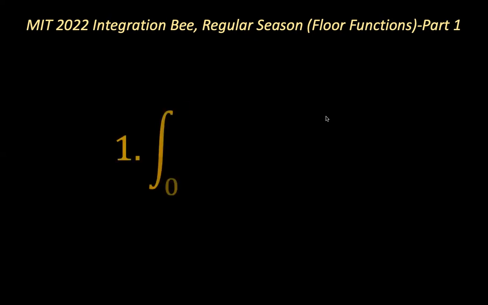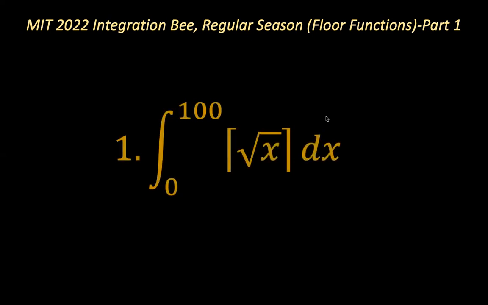Problem number one: the integral from x equals 0 to x equals 100 of the ceiling function of square root of x, which is very interesting. I guess we could have titled this session Floor and Ceiling Functions, but all the same, we'll be looking at the ceiling function related problem today.